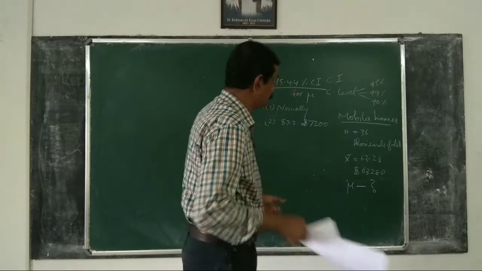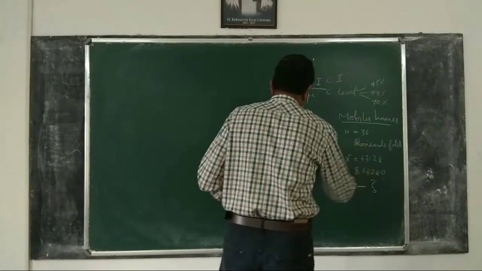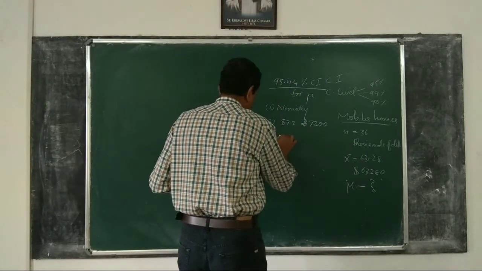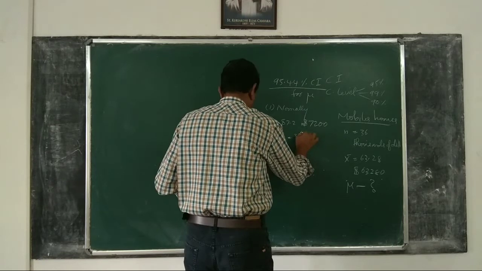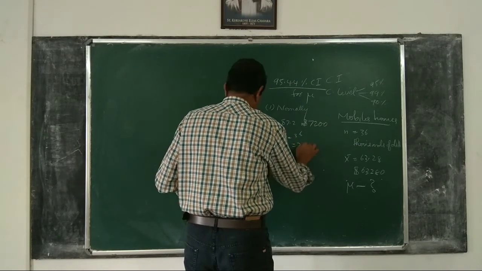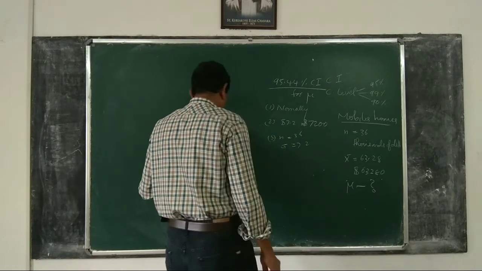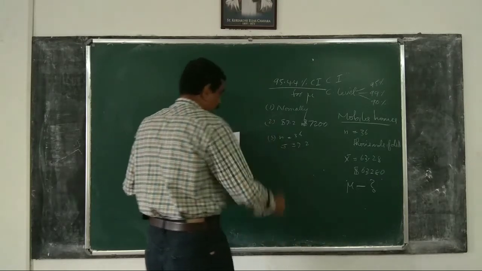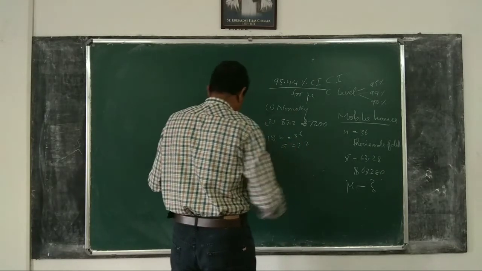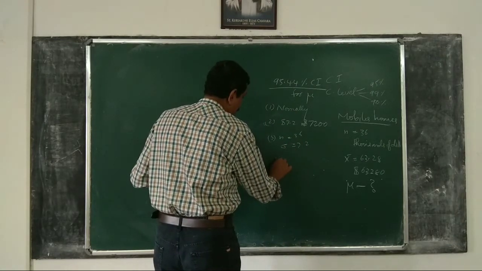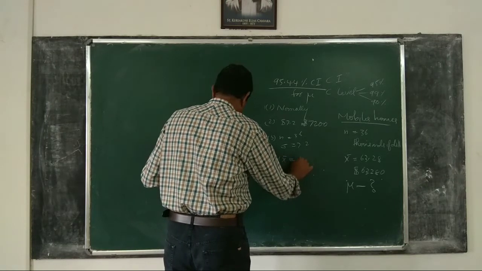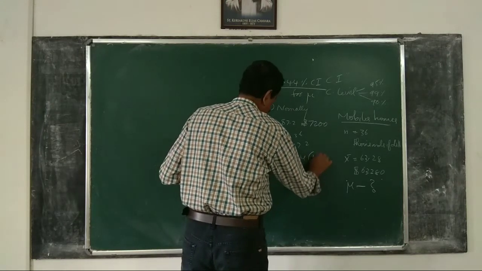Now, n is 36, sigma is 7.2, and the prices are normally distributed. Mu of X bar is equal to mu, unknown.